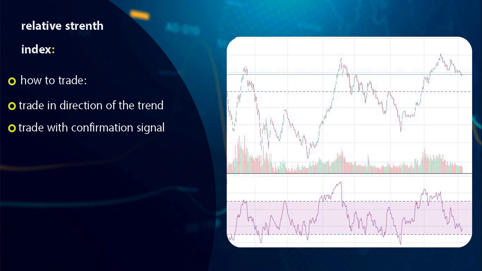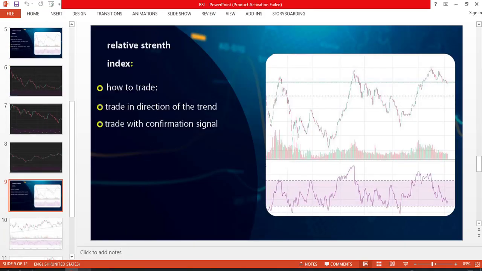We should pay attention to the trend, and it's better for us to trade only in the direction of the trend.